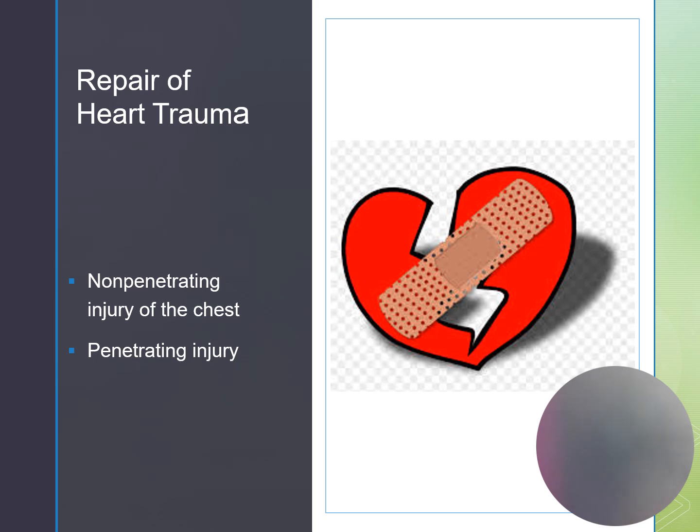We can have a non-penetrating injury of the chest that results in cardiac tamponade, and this once again is where the pericardial sac begins to fill with blood or fluid, and it compresses the heart so much that the heart loses its ability to pump. It can be caused by crushing chest injuries, causing bruising and bleeding.